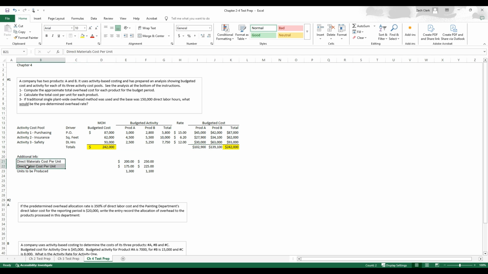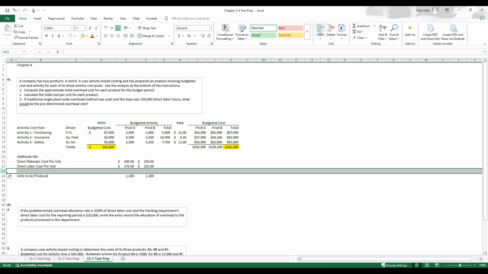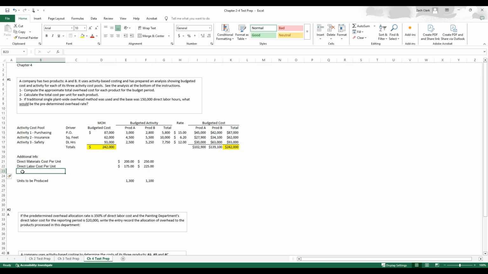So let's see where I want to do this. I'm just going to add a couple rows, and I'm going to say overhead cost per unit.